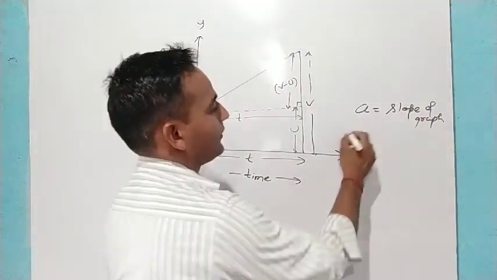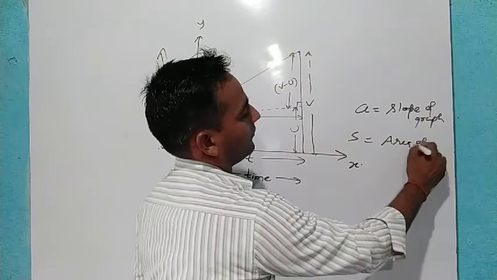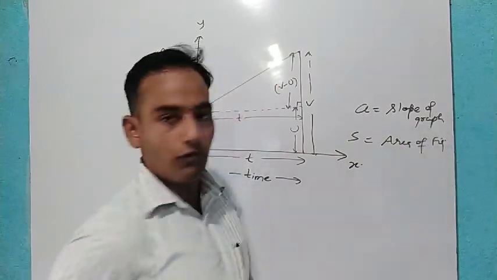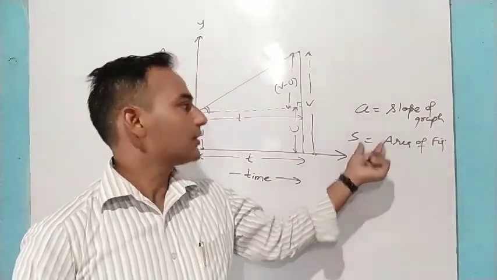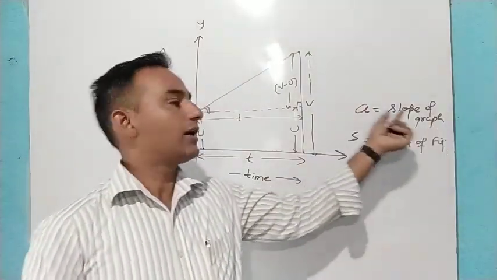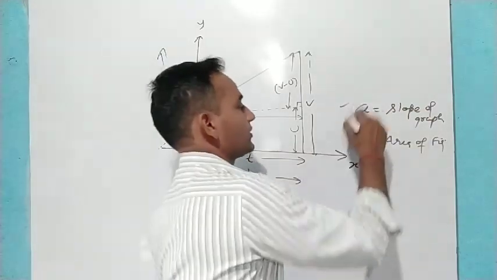And to find displacement, we will find the area of the figure. Whatever figure is formed, we will find the area to find s, that is displacement, and to find acceleration, we will find the slope of the graph. These two things you have to remember.